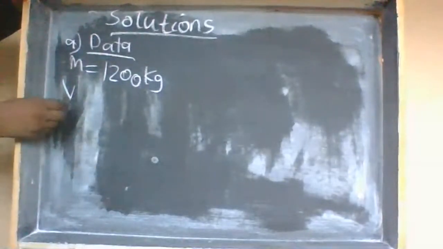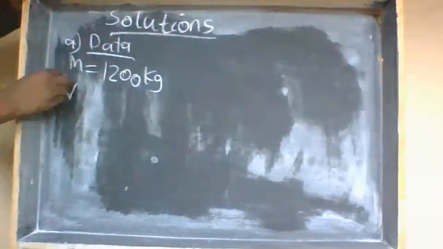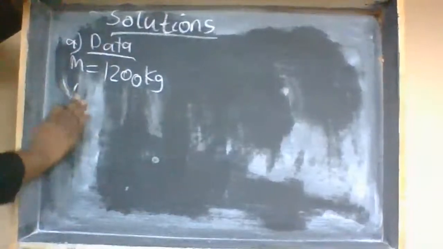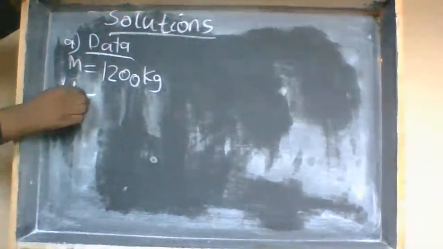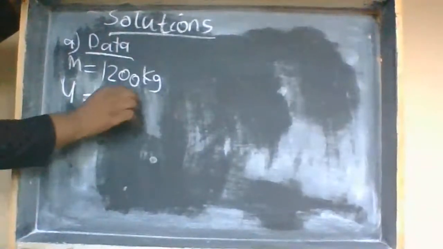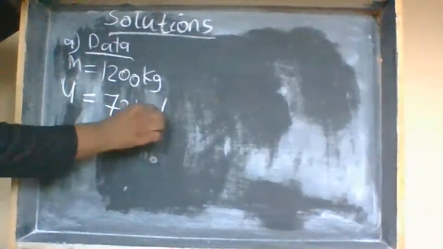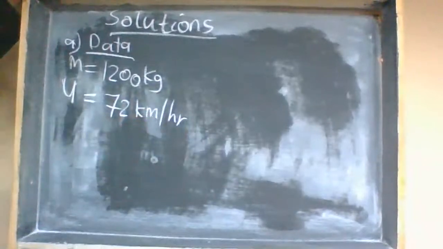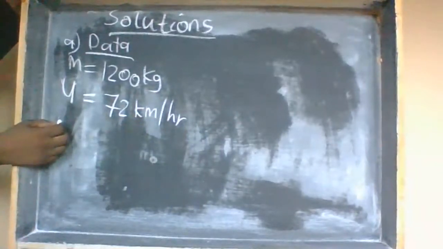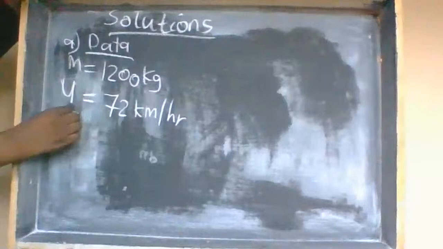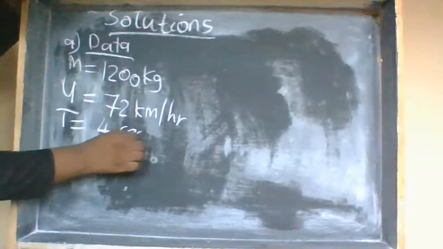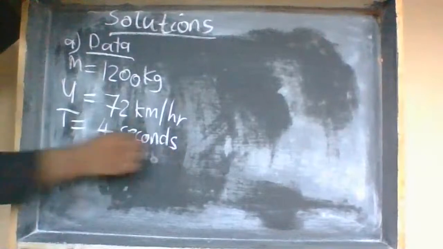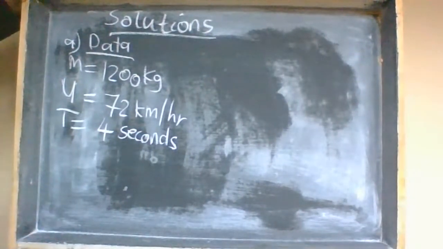In fact, that one is not just our velocity, but our initial velocity, which is denoted by letter u, 72 kilometers per hour. And then the time is equal to 4 seconds.